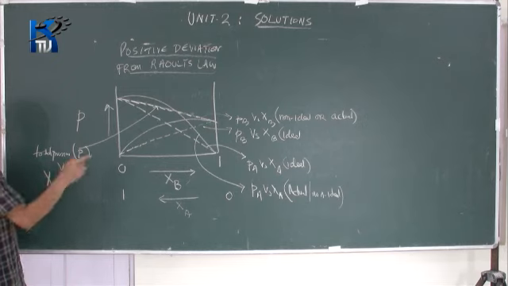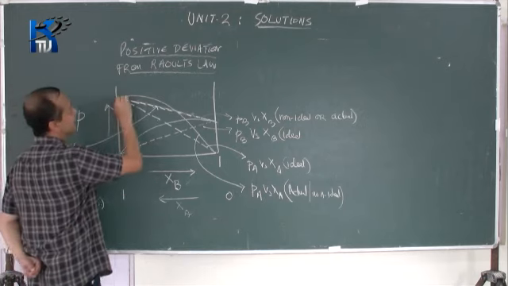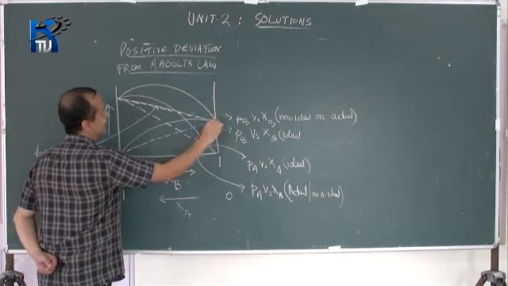Which mole fraction? XB mole fraction. And this is again the ideal condition. But since it is not ideal, the graph will be something like this.